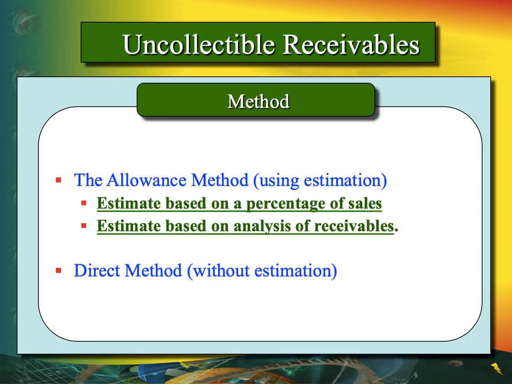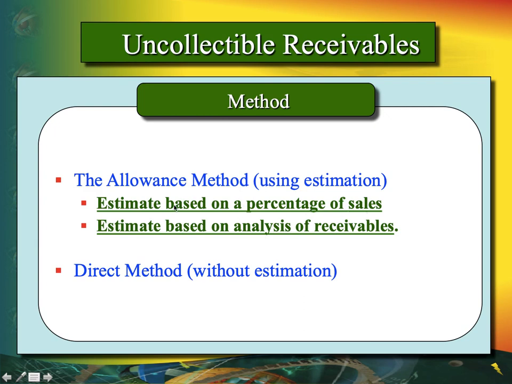There are two methods for uncollectible receivable. The first one is the allowance method and the second one is the direct method. In the allowance method, you are using estimation. The estimation can be done in two ways. The first is estimating based on the percentage of sales.